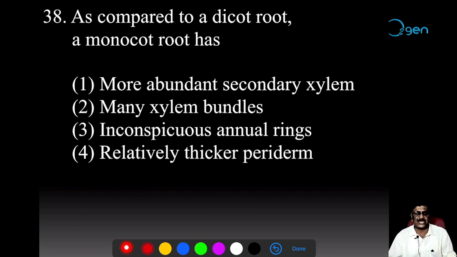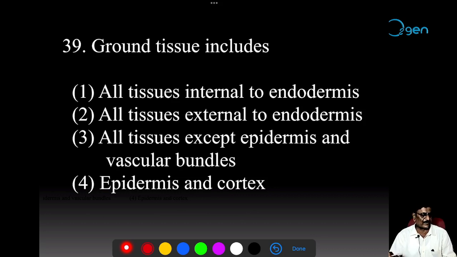So first is not an option. Second, many vascular bundles. Yes, in the dicot root, vascular bundles range from 2 to 6, whereas in the monocot root, vascular bundles are more than 6. It is called polyarch type of vascular bundle. Hence, the second option is the correct one.